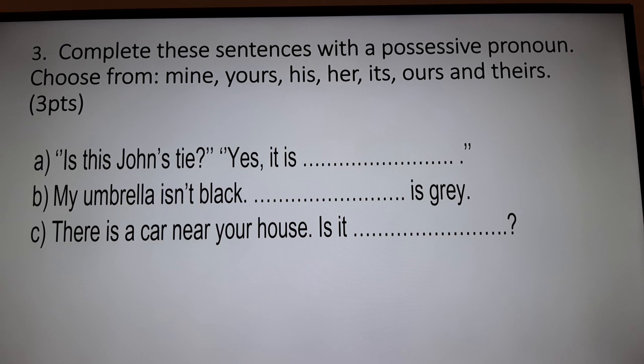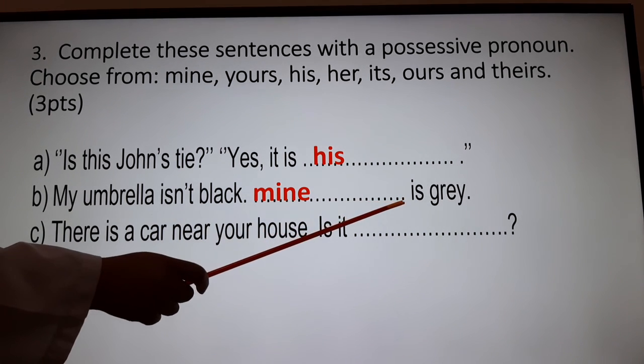Now, for the first sentence, is this John's tie? Yes, it is. His refers to John's, okay? So, it is for the third person, singular. Male, here we deal with a boy or a man, so we'll use his. What about B? My umbrella isn't black. Mine is gray.